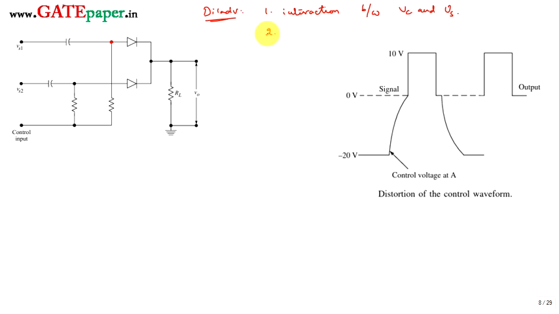The output is affected, because the output is a function of both Vs and Vc during the transmission period. As long as V1 is at 0, the output is exactly equal to Vs, but if V1 is positive or negative, the output gets distorted.